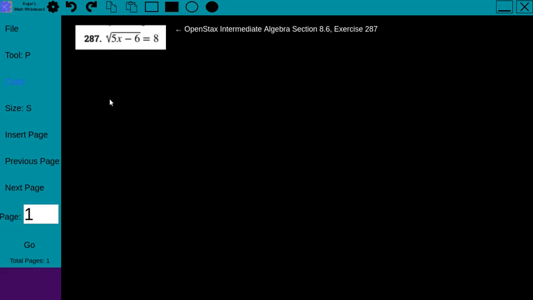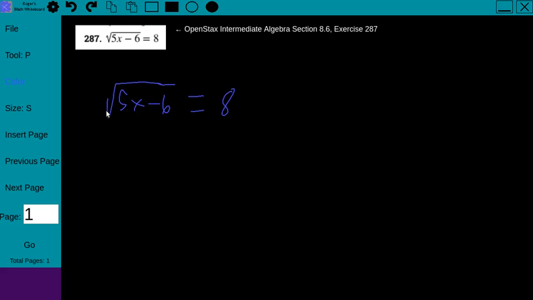And that next step is, well, first let me write the original problem. The square root of 5x minus 6 equals 8. The next step to solving this is we have to get this algebraic expression out from underneath this radical.